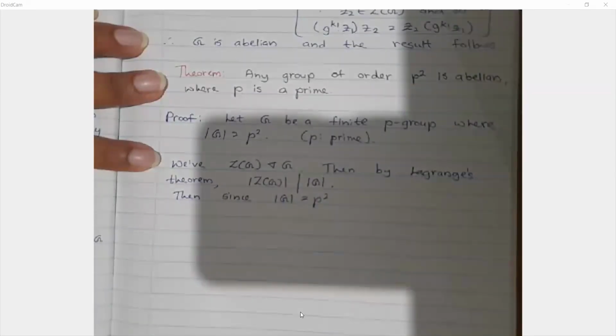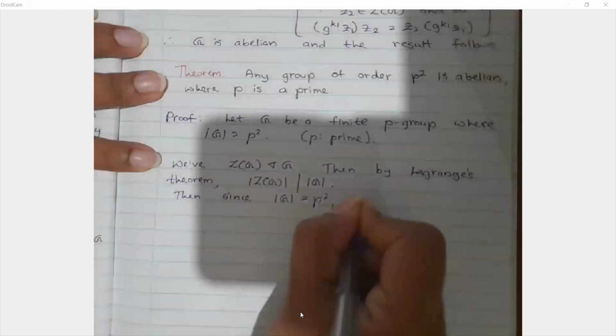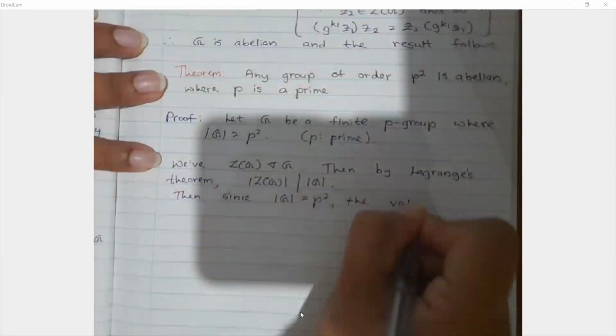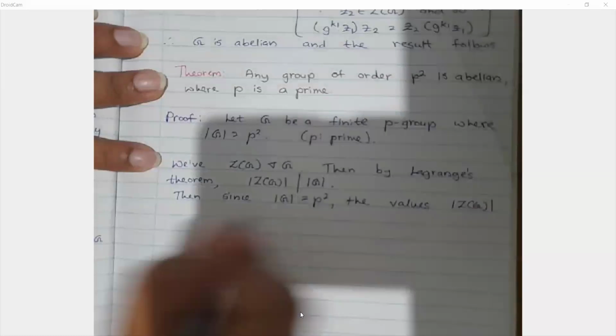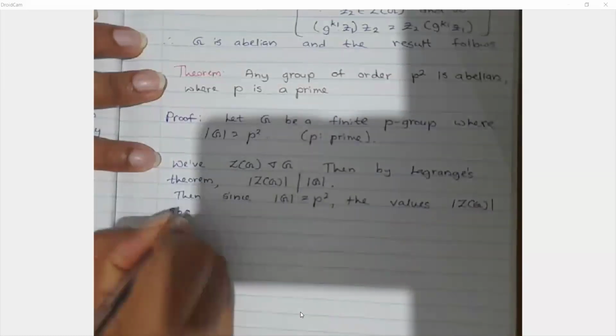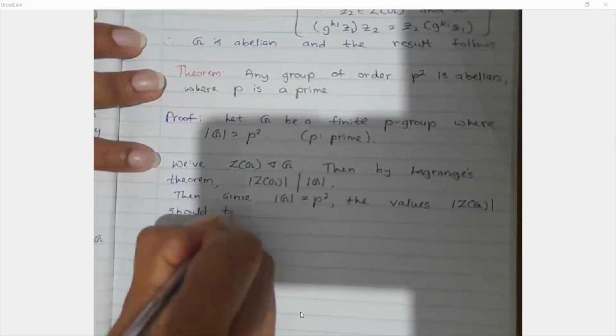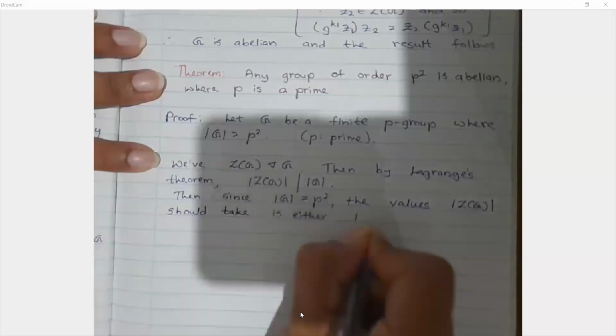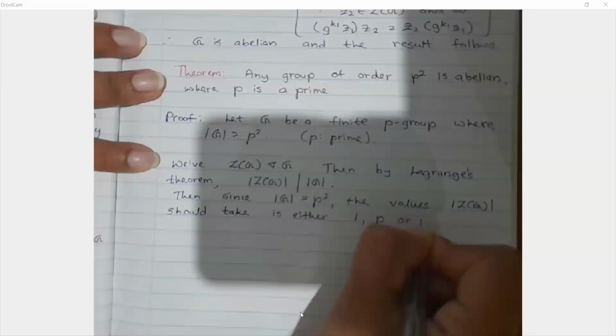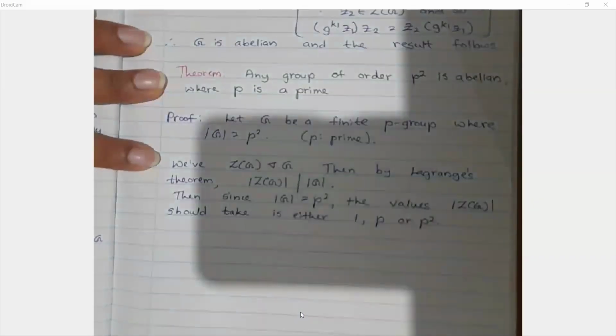Those are the only possibilities. It's either 1, p or p squared, right?